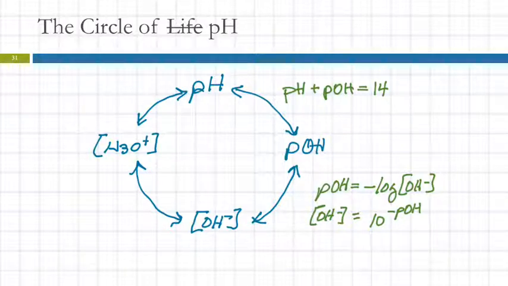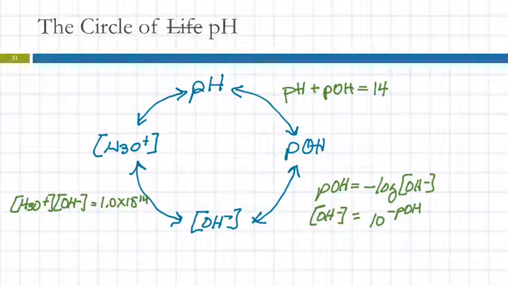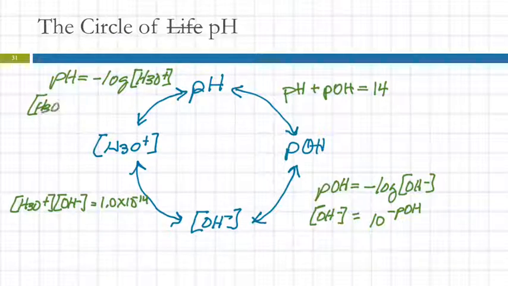Over here we've got hydronium times hydroxide means 1 times 10 to the minus 14. And then up here, pH equals negative log of hydronium ion concentration, or hydronium ion concentration equals 10 to the negative pH. And that's the circle of pH.